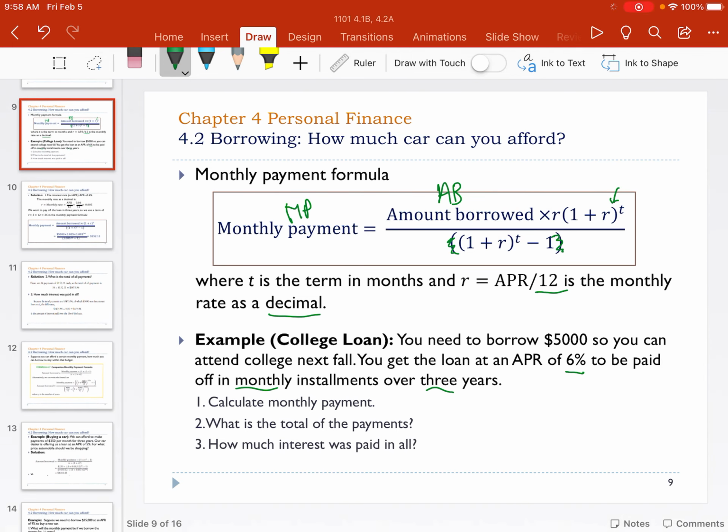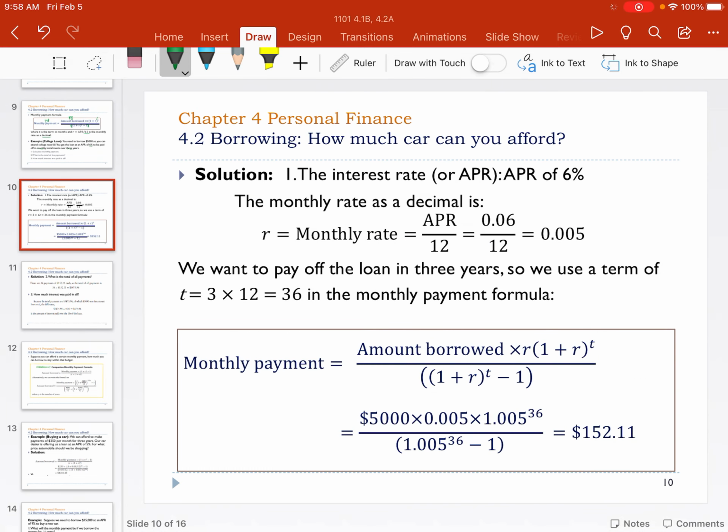Okay, so if we calculate the monthly payment, that's what this formula is for. Let's take a close look at it. This is one of those cases where the exponent isn't too large, so I would give you permission to round to 5 or 6 decimal places. 5 is pushing it a little. 6 will generally be fine.